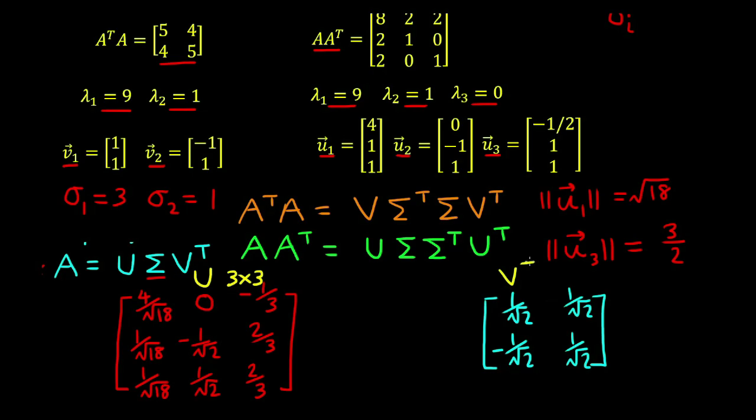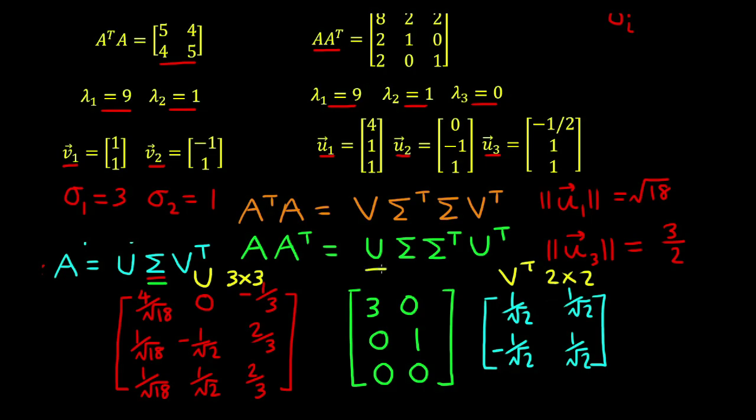So therefore V transpose is a 2 by 2 matrix. Our matrix sigma is expected to be a 3 by 2, and we put the singular values of A on the diagonal and zeros otherwise. So that's our matrix sigma being a 3 by 2 matrix.